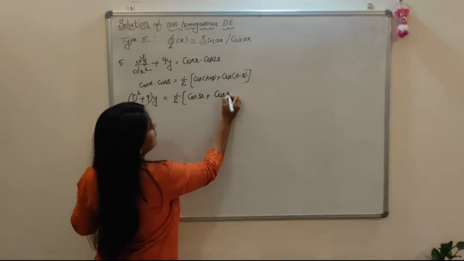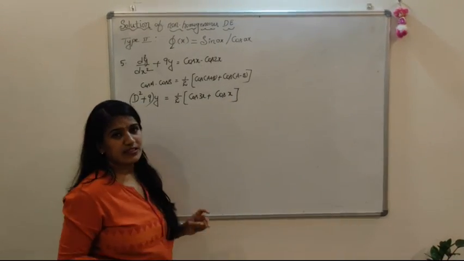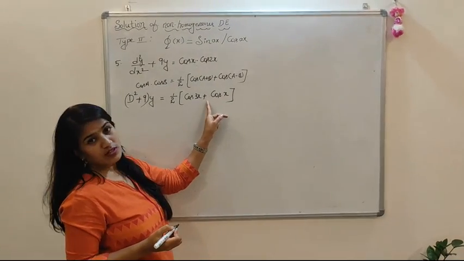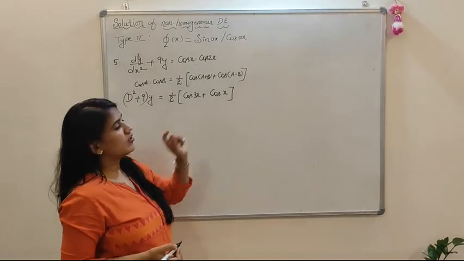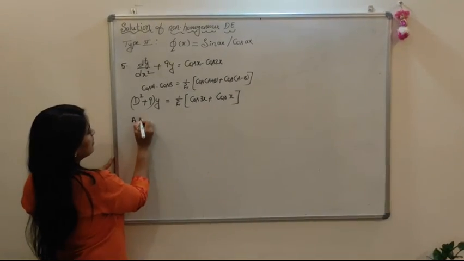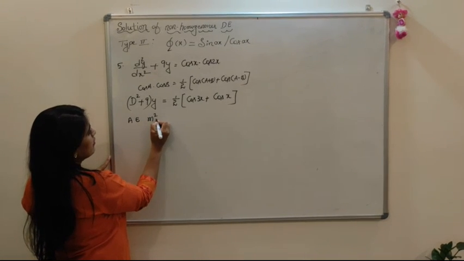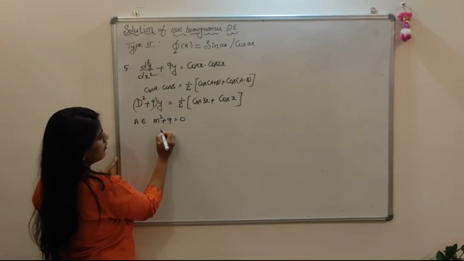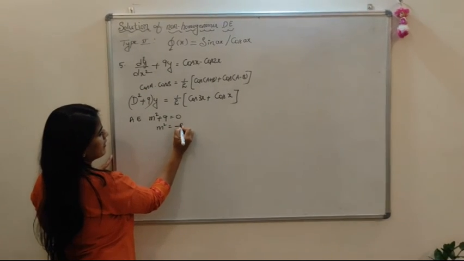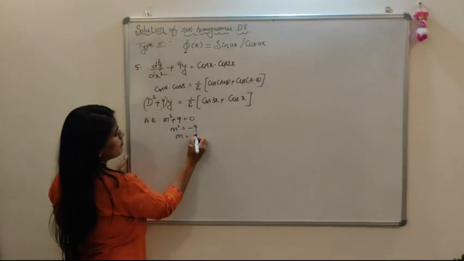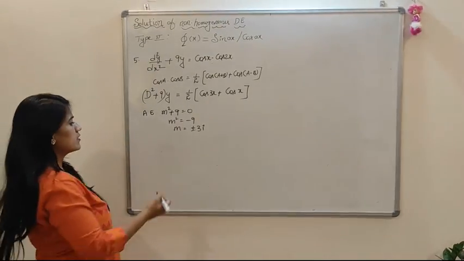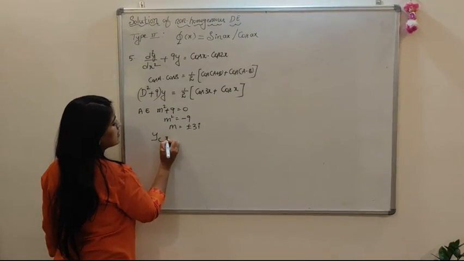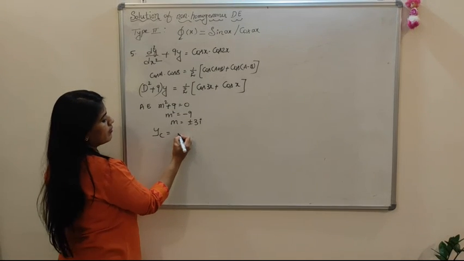But cos is an even function, cos of minus theta is plus cos theta, so it should not change the sign. So cos 3x plus cos x. Now the auxiliary equation is m square plus 9 equal to 0, m square is minus 9, m is plus or minus 3i. Minus 9 is there, so you get complex roots. So yc is equal to, there is no real part.